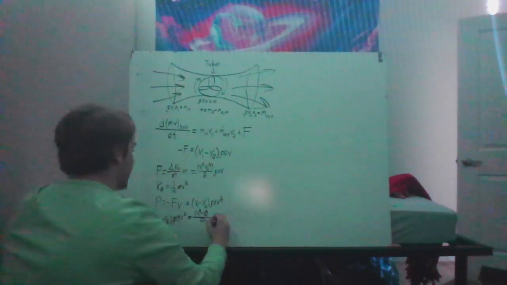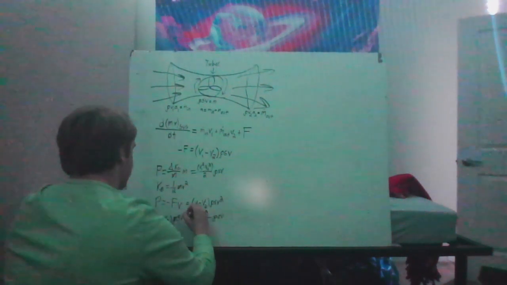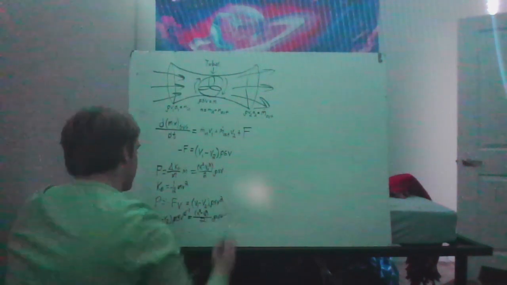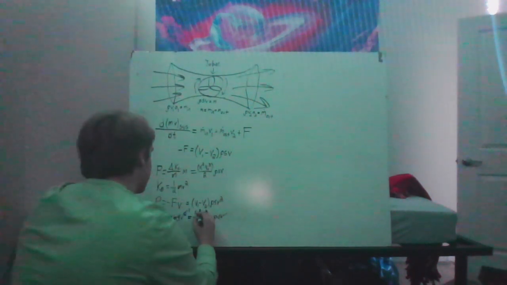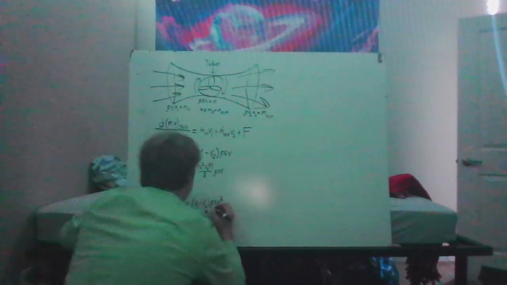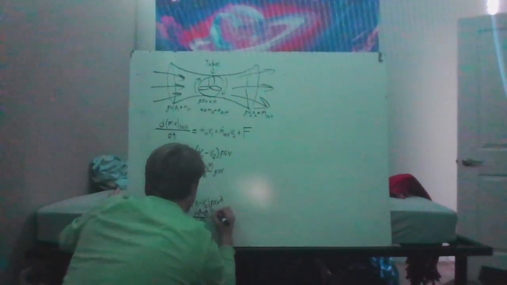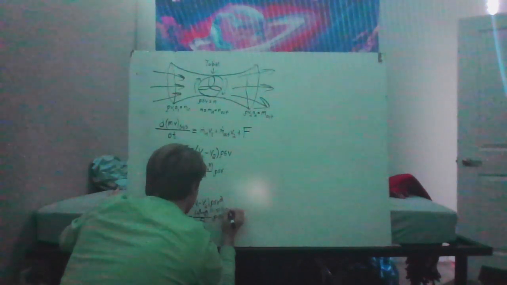So rho and S will cancel, one of the V's will cancel, and then this will cancel with this because we can write this as v1 minus v2 times v1 plus v2.